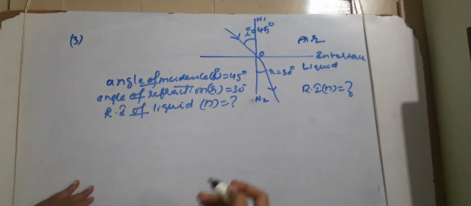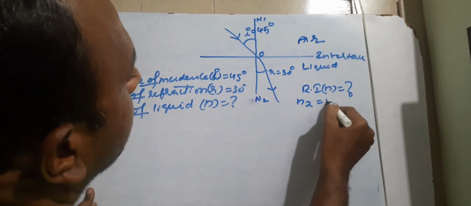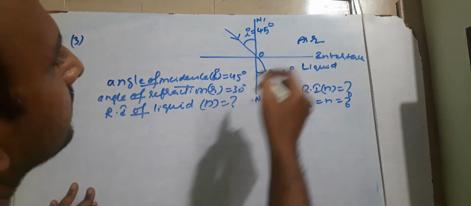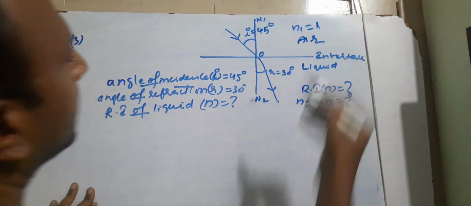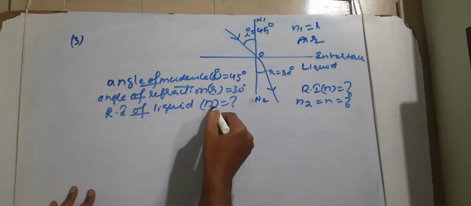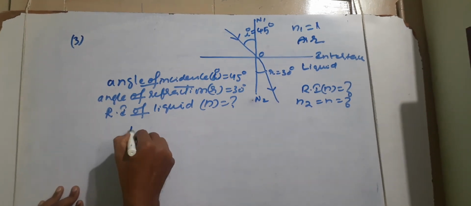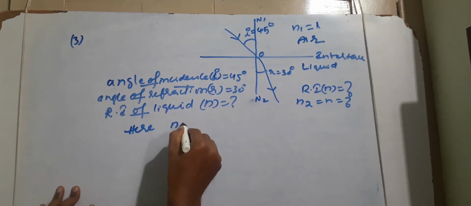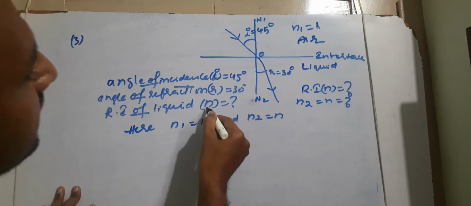From Snell's law we can see, consider n2 is n, that is what we want to find, and here its refractive index is 1. You know the air refractive index value is 1.0003, which we take as approximately equal to 1. So here n1 is 1 and n2 is n, that is what we want to find.